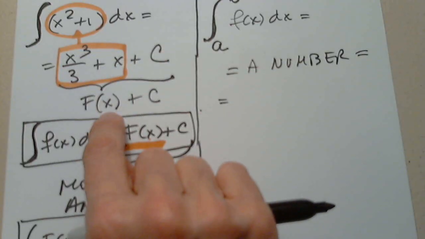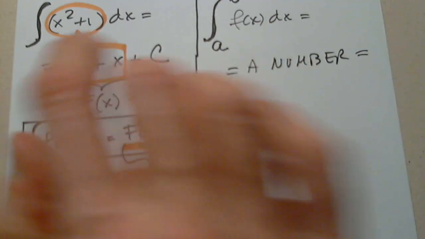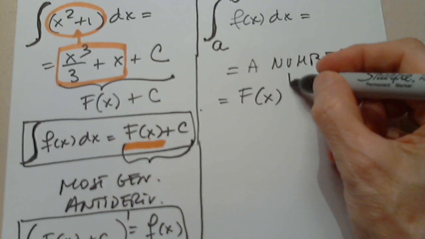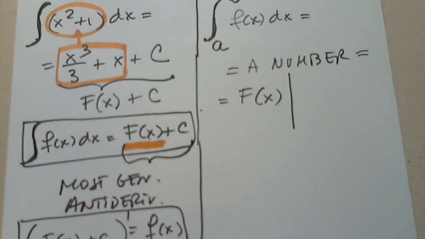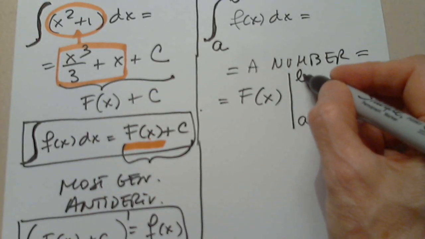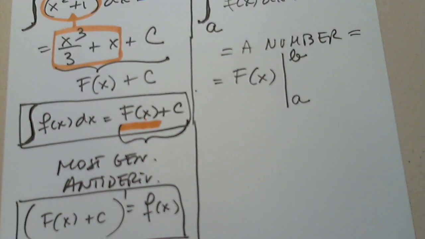We determine the antiderivative, like before, no difference, F of x. We write a vertical bar next to it. At the bottom we put a, at the top we put b. What does this mean? What do these symbols represent?